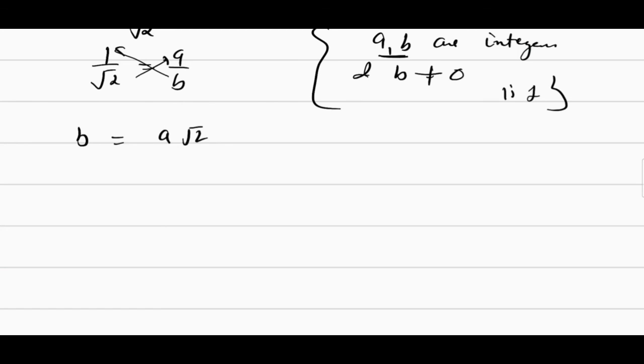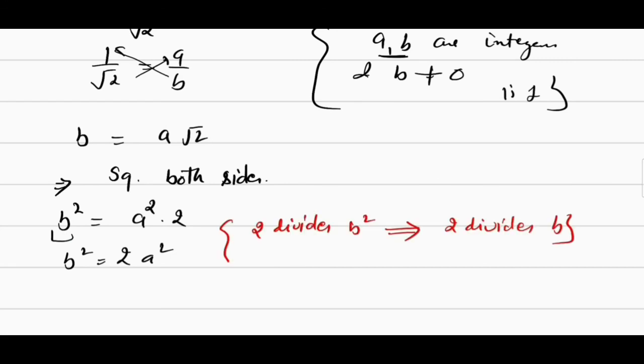I'll take this a to that side, so we can write square root of 2 is equal to b upon a. Now squaring both sides, we'll get b square is equal to a square into 2, so we can write this as 2a square. So from here we can say that 2 divides b square. So this implies 2 divides b also. So we can write b is equal to 2c, where c is any integer.